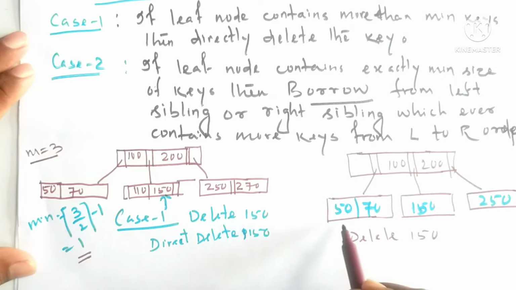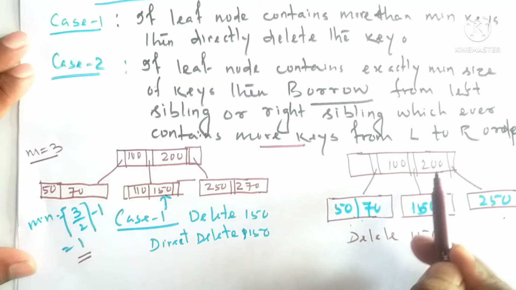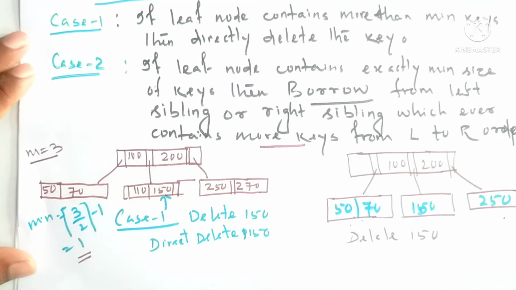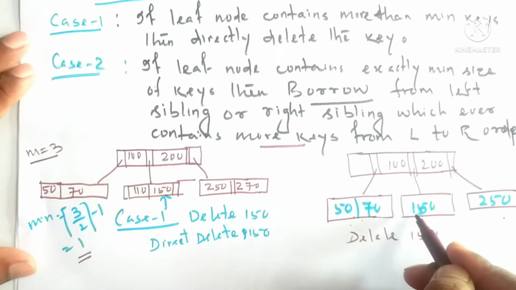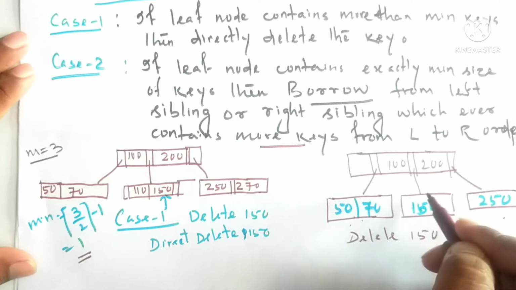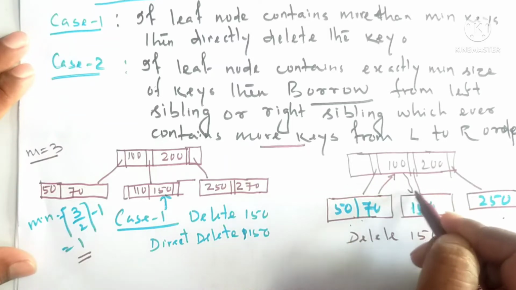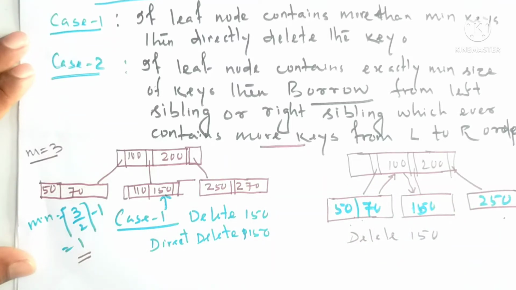I will take the help of the left sibling or the right sibling. The left sibling contains 2 values and the right sibling contains 1 value. Whichever contains more values will be helpful. You transfer this 70 up here and this 100 down here, then you delete 150. Now the tree will look this way.